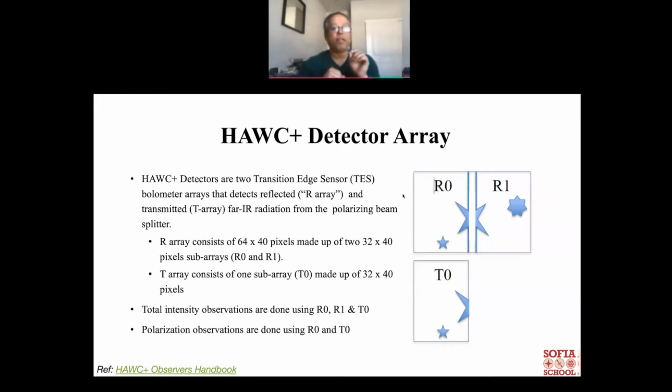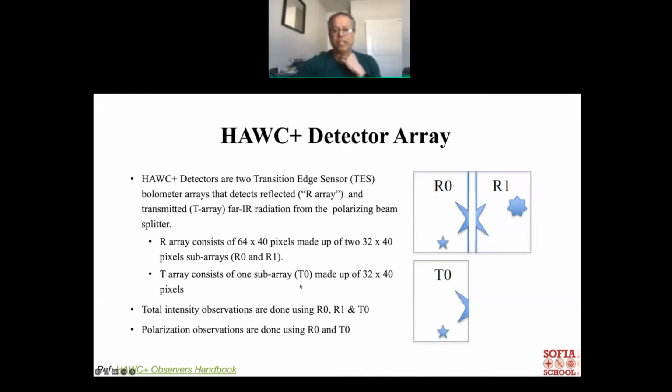So each of the pixels that we talk about when we talk about HAWC data is an individual bolometer. As shown in the cartoon here, we have the R array and the T array. The R array is made up of 64 by 40 bolometers, or 64 by 40 pixels, divided into two subarrays, R0 and R1.